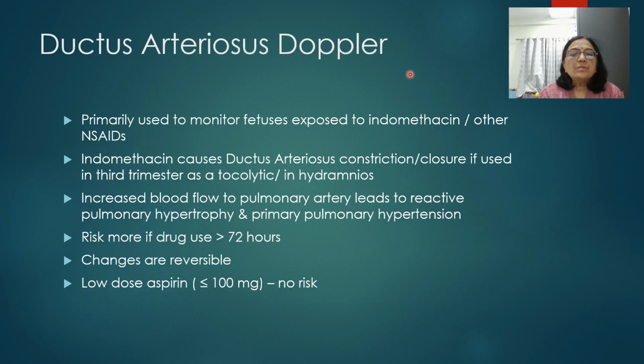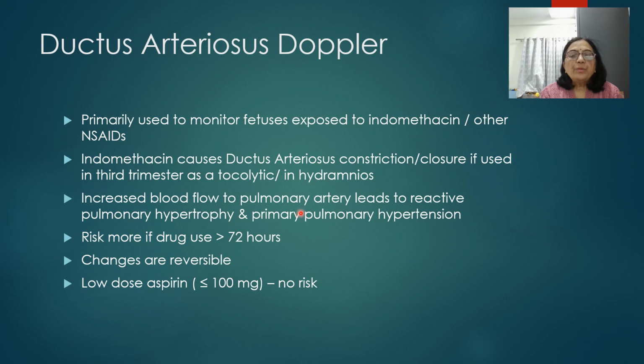Ductus arteriosus Doppler. It is primarily used to monitor fetuses exposed to either indomethacin or other non-steroidal anti-inflammatory drugs. Indomethacin causes ductus arteriosus constriction or closure if used in the third trimester, either as a tocolytic or in patients with hydramnios.